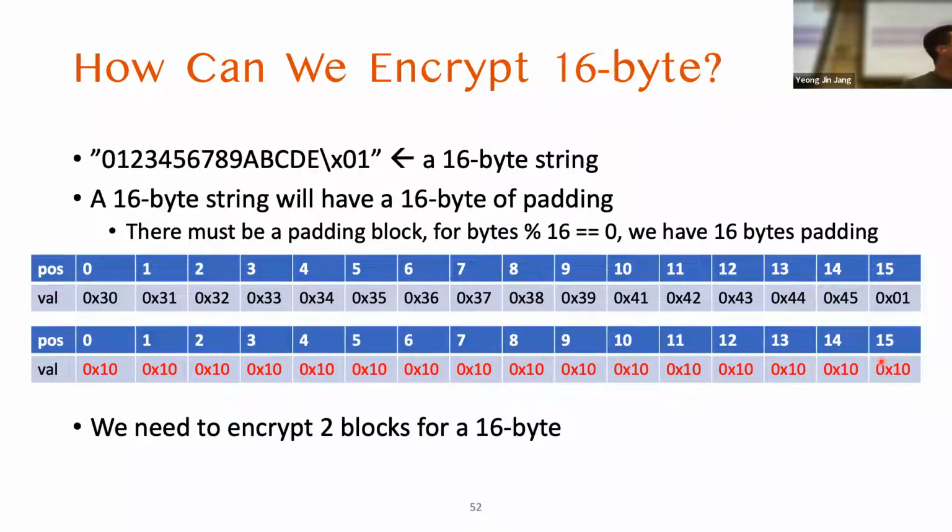Is the pattern all the same character, or is it random as well? In the definition of ECB, how the block cipher works, the padding bytes all have the same value as the length of the padding. So for 16, we should have 16 like this.